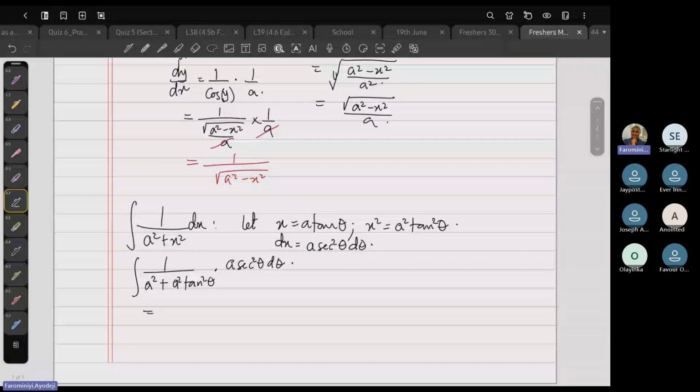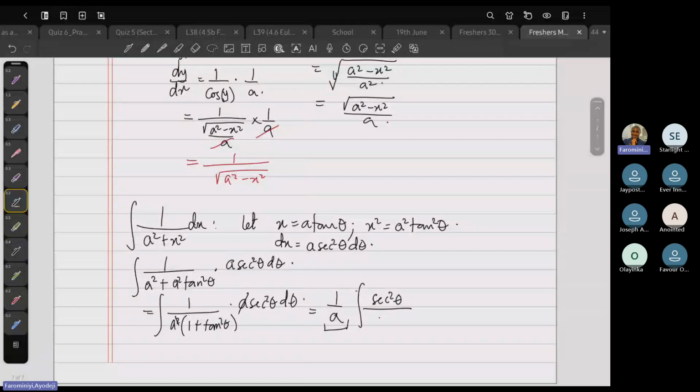So this will be 1 over a squared times (1 plus tan squared theta) times a sec squared theta d theta. So one of the a's will cancel one of the a's here. So we are going to be left with 1 over a. That is what you were missing, what you said. 1 over a of sec squared theta over 1 plus tan squared theta, which is also sec squared theta, d theta.